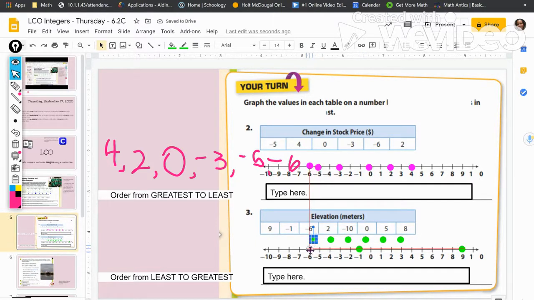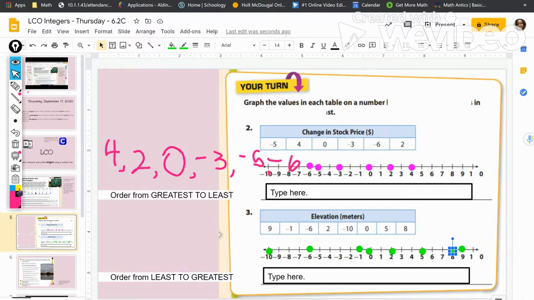Negative numbers to the left. So 5 means I'm going up 5 meters. And this 8 represents I'm going up 8 meters. The -10 represents I'm going down 10 meters.